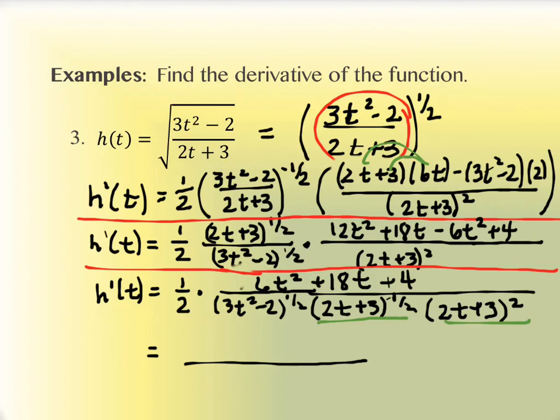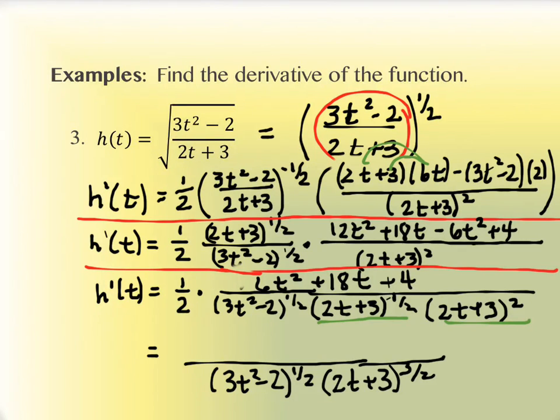Right, so we've actually got two values that are the same raised to different powers, and so we're going to add the powers together. One of the powers is a negative 1/2. The other power is a positive 4 halves. So when we add this together, we get a 3 halves power. So we have the same 3t squared minus 2 to the 1/2. And then now we have a 2t plus 3 to a 3 halves.